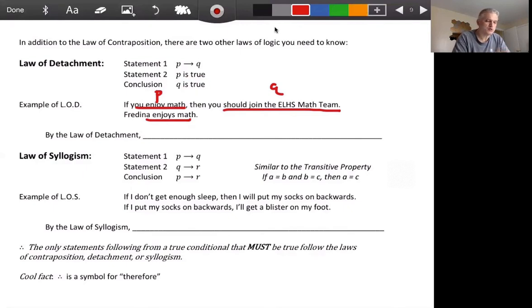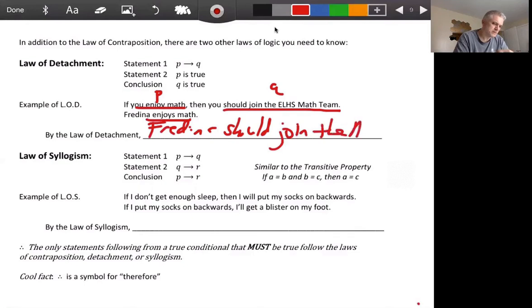The Q part has to be true for Ferdina also. So by the law of detachment, Ferdina should join the ELHS math team. Okay, that's law of detachment. Okay, P causes Q, P is true. Well, then Q is true because P happens to cause Q.